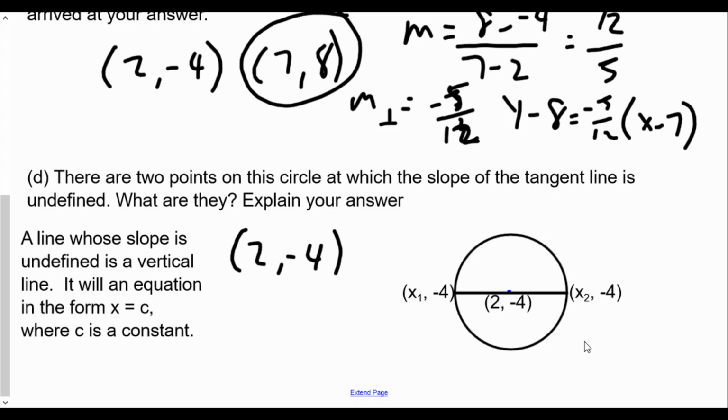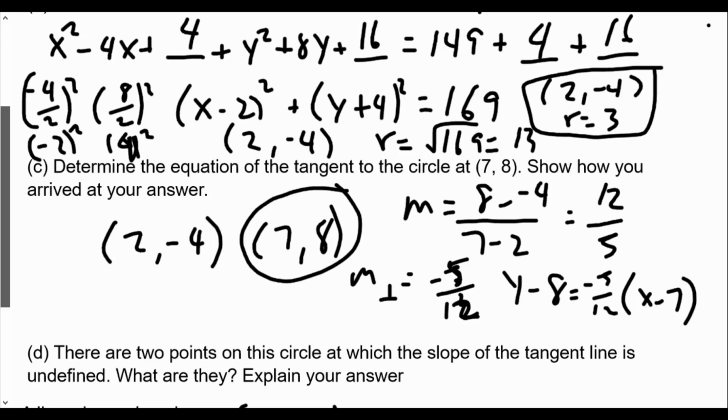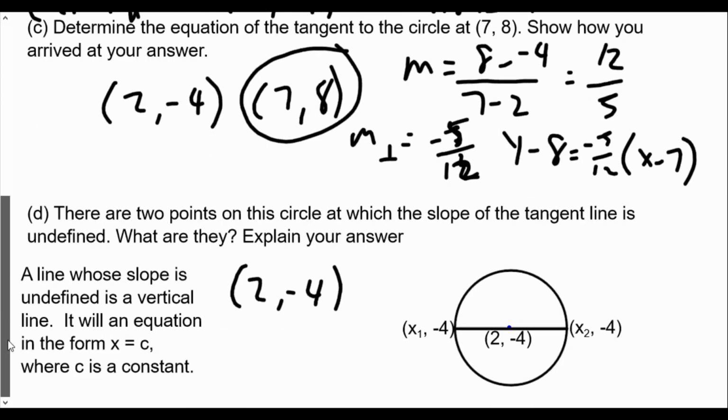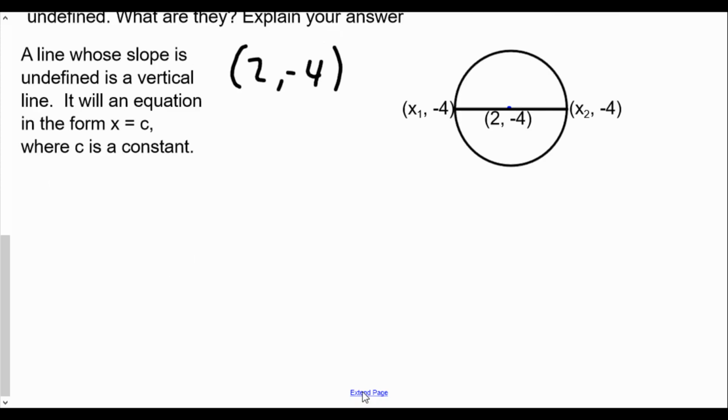So how are we going to find this? Well, the equation of our circle, we said, let's go back up and look at it, was (x minus 2) squared plus (y plus 4) squared equals 169.